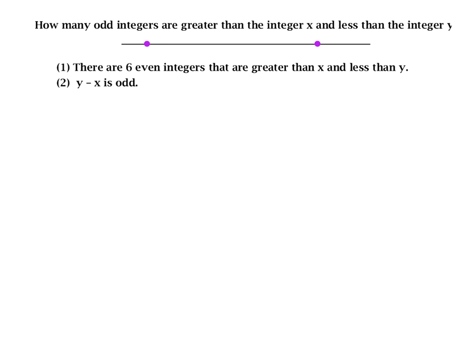Then if you imagine other points on this number line being integers, the question is these other points in between them as orange points. I have to draw a certain number of dots, but the point is that there could be lots of different numbers of dots in between them. So there are some dots in between X and Y, and the question is how many of the orange dots are odd?